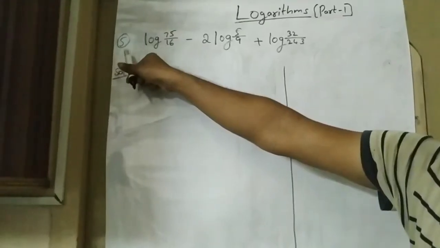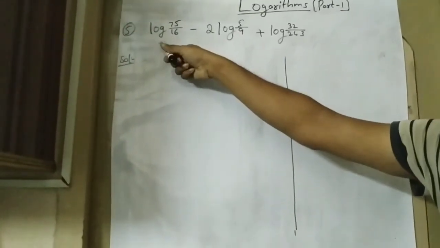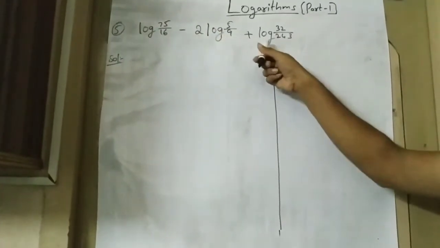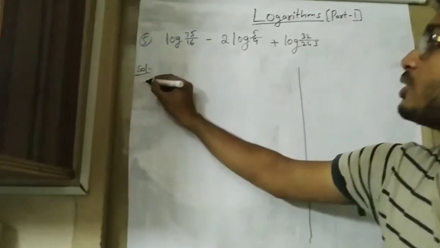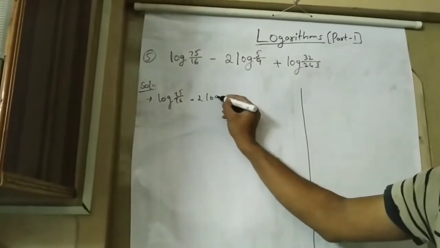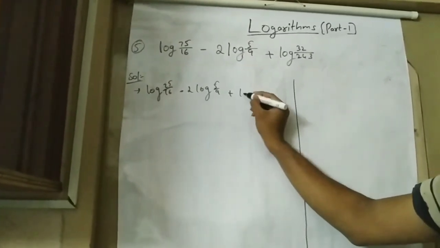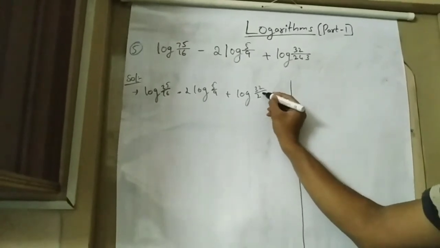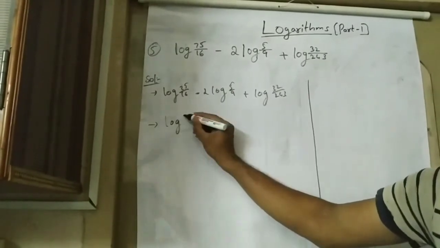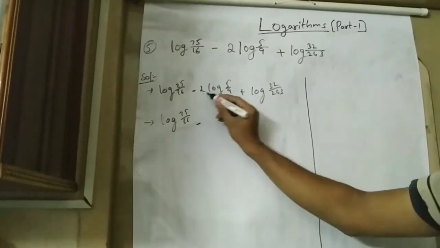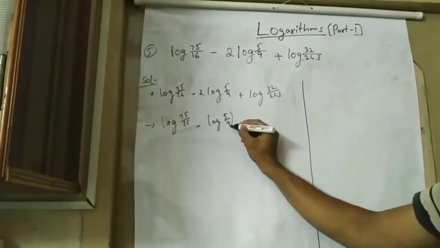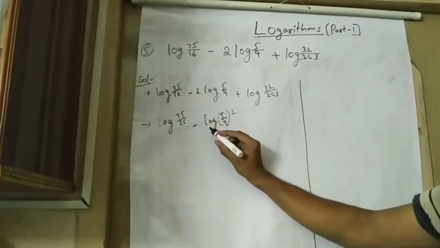Fifth question, it is given as find the value of log 75 by 16 minus 2 log 5 by 9 plus log 32 by 243. So 2 log 5 by 9 means log 5 by 9 whole square, since we already know 2 log a is log a square.